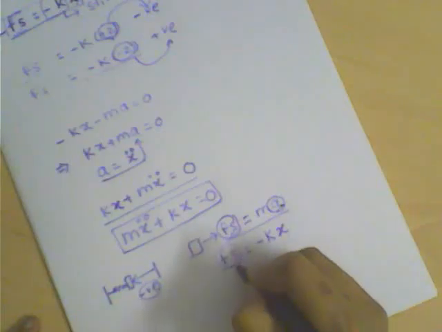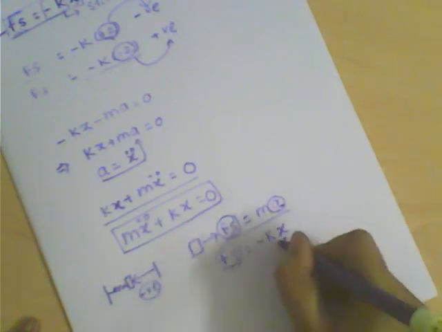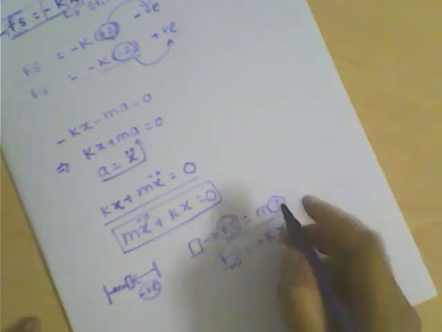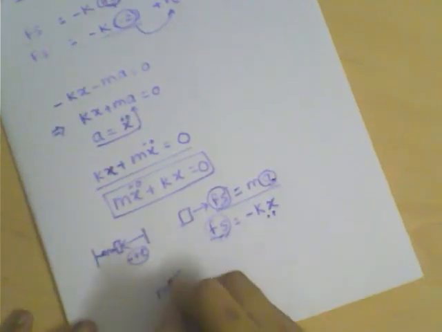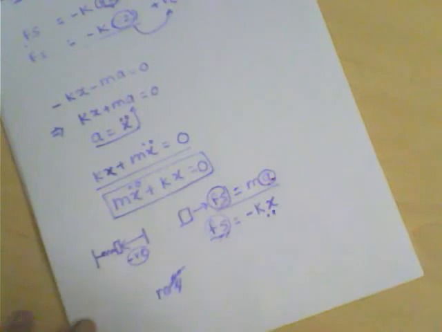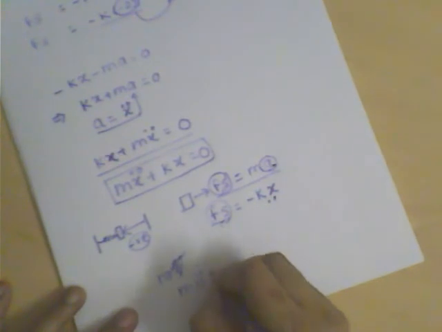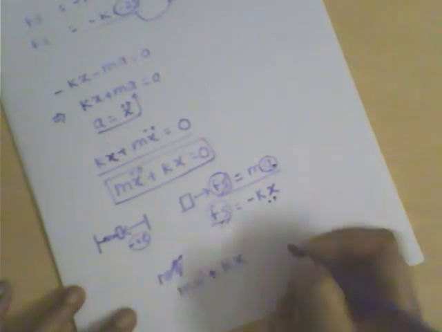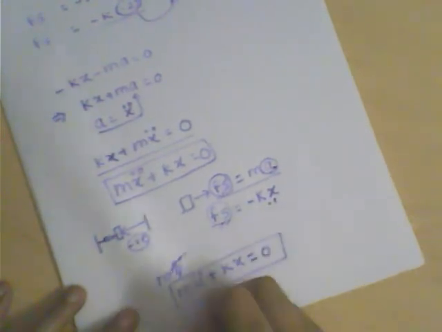But these equations, as I said, are indifferent to the signs, so this will hold, and hence, for the final equation that we are writing, let me write it down neatly: m x double dot plus kx equal to 0. This will hold.